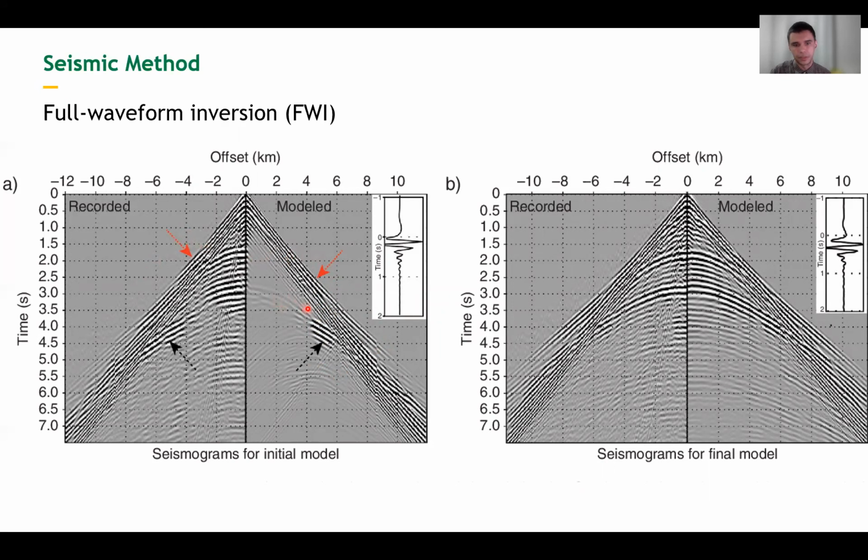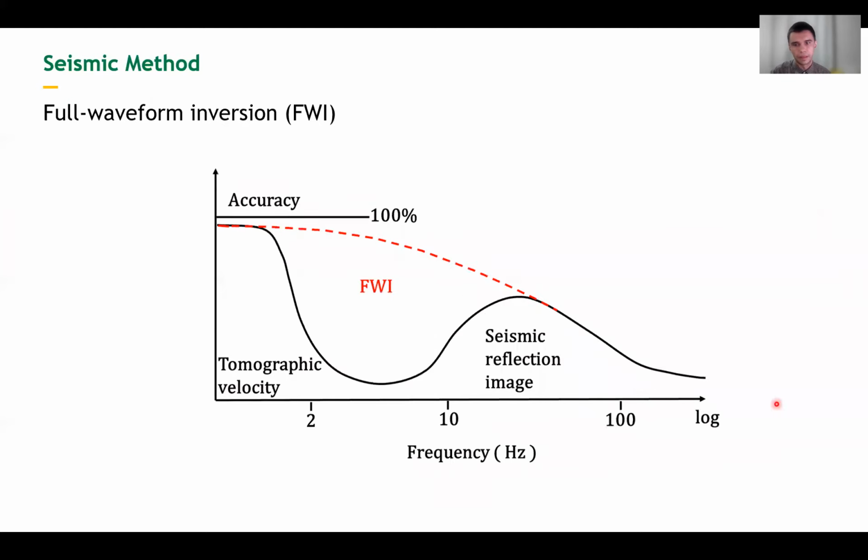It's an iterative method, and after some updates, the final velocity model will produce seismic data that matches the recorded seismic. So we have an interval velocity model from the FWI. The FWI is important because it fills the gap between the low frequency tomographic velocity model and the seismic reflection image. So we increase the useful bandwidth.